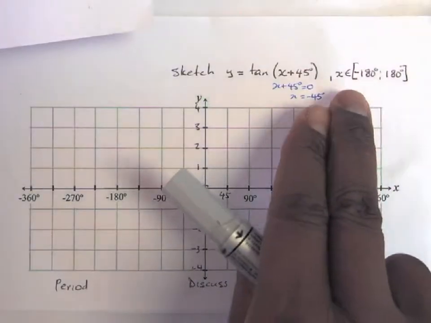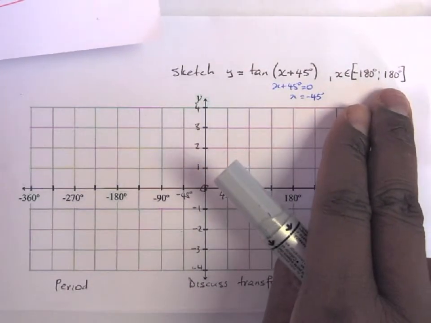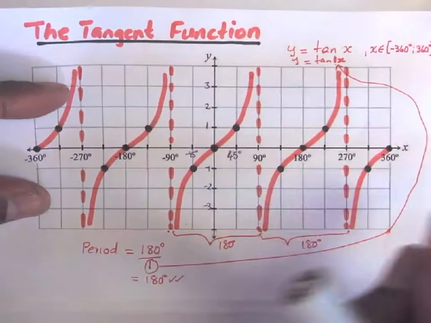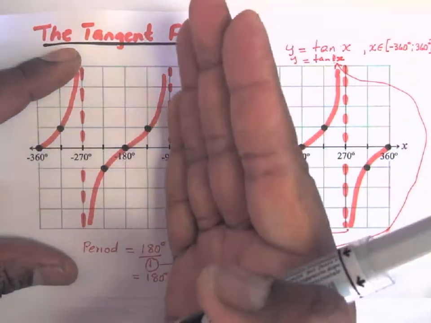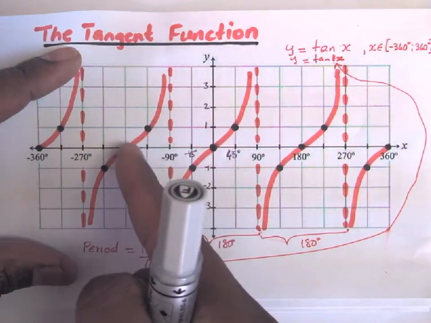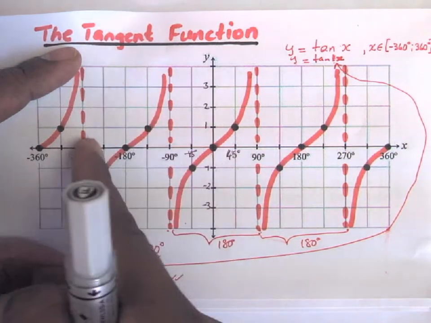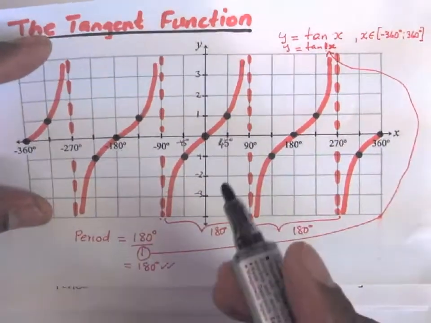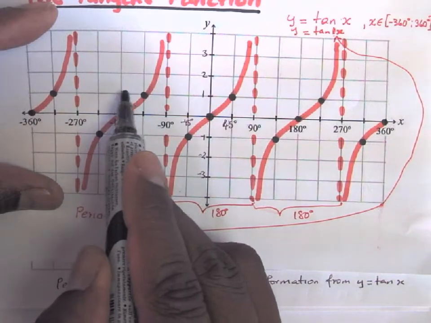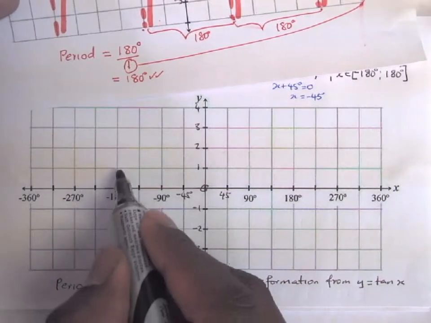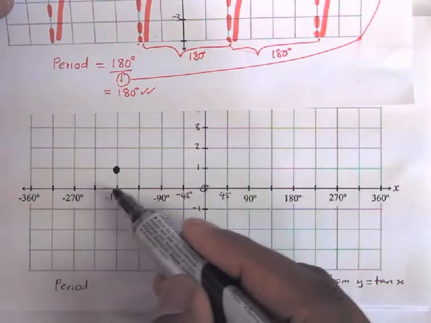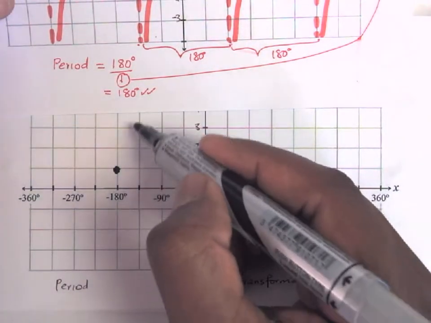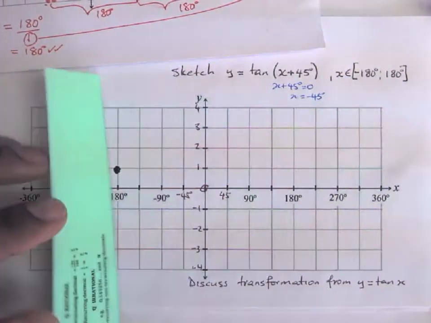So from minus 180 to 180, that's what we will look at. So the points move 45 degrees to the left. So this point will be there, this point will be there, the asymptote will be moved as well, and this point will be up there, and then one will be up. So that's one last point there. It will be now in line with 180. So in line with the minus 180, we've got that point over there, and then our asymptote is now here, shifted 45 degrees.